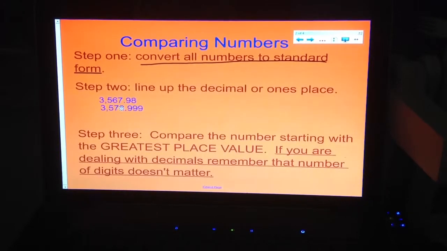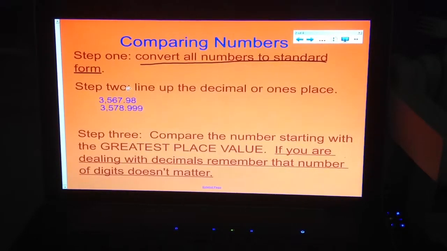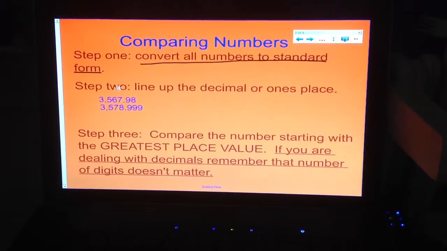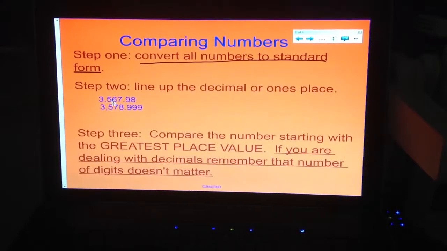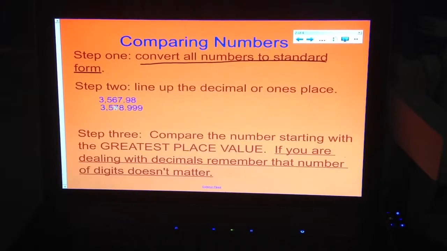And if I were to make a place value chart, you can see my tenths place is lined up, my hundredths place is lined up, my ones, my tens, my hundreds, my thousands.